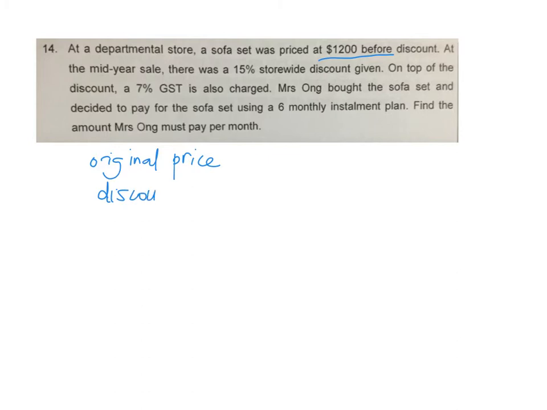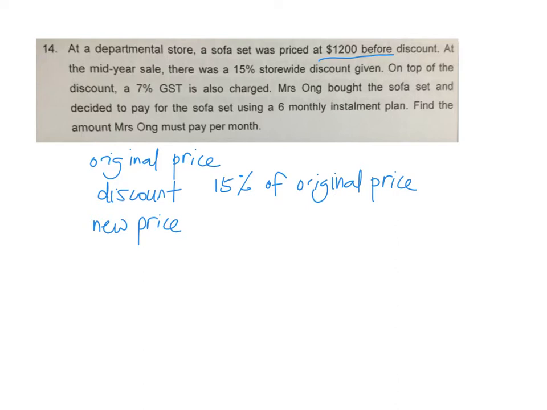There was a discount. So to find discount, you use 15% of original price. That's the discounted amount. If I use 80% of original price, I find the new price, or the price that I pay.